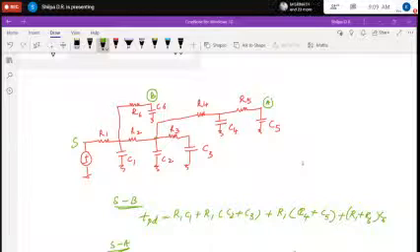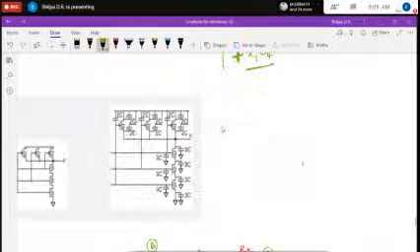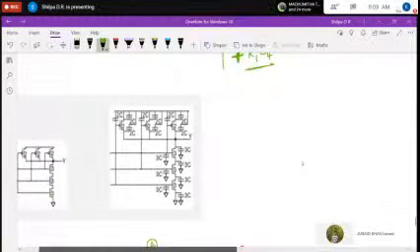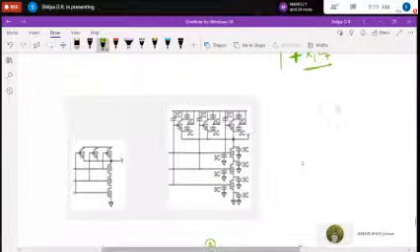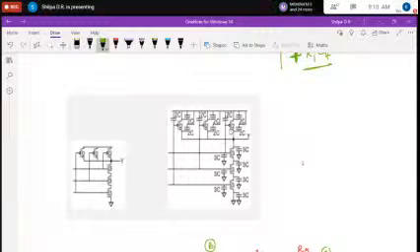So now I'll be posting a circuit. I think you can see this. Are you able to see this? Yes, ma'am. So what is this?